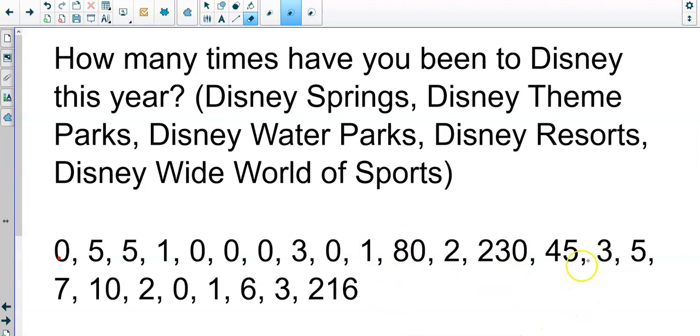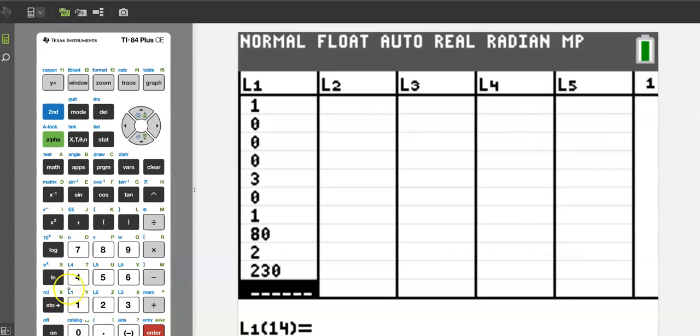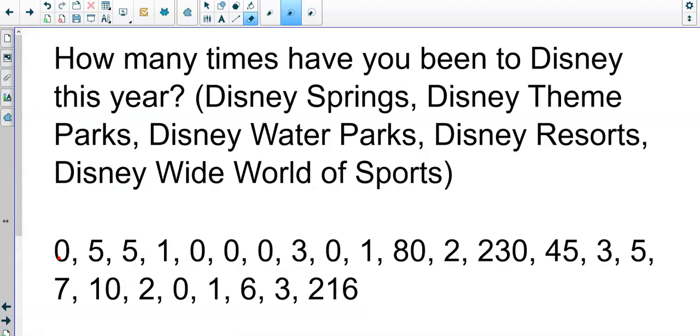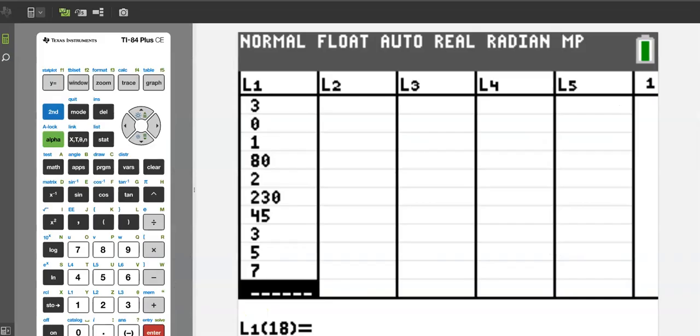And then I got a 45, a 3, a 5, and a 7 over here. And then after that, I have 10, 2, 0, 1.